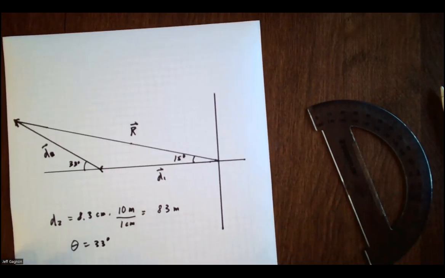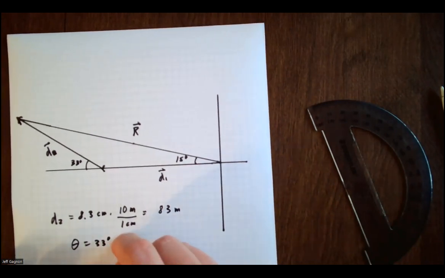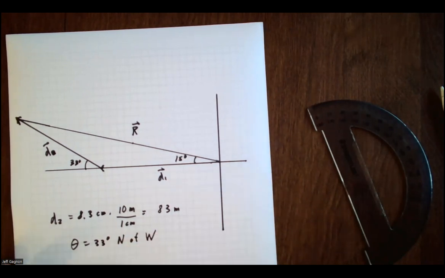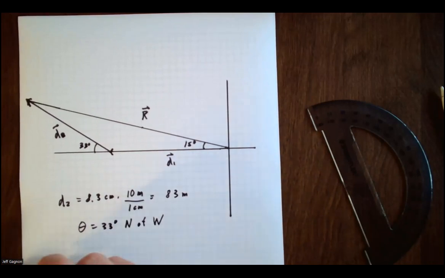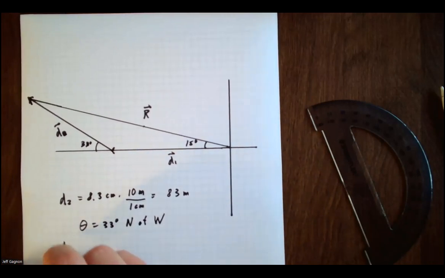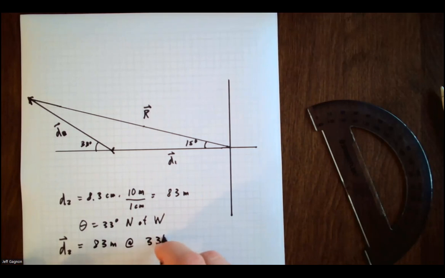But it's going to be north of west, right? Because I'm using the reference angle in that second quadrant. So that's the answer, right? So D2, that displacement vector, had a magnitude of 83 meters at 33 degrees north of west.